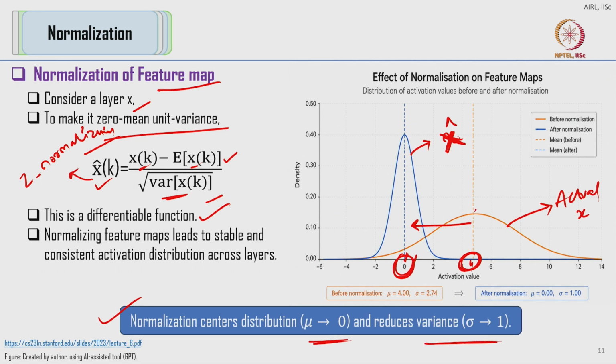We can observe that the variance of this orange curve is pretty high. It is very well spread, whereas the blue curve, which is the same curve but just normalized, has a much smaller spread. Now this is the effect on one feature map. Let's take different types of feature maps.